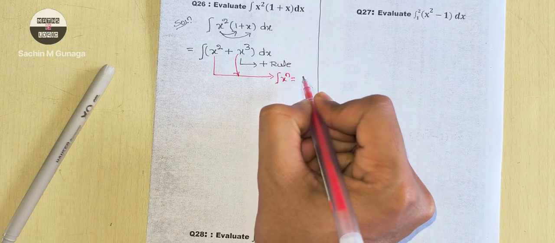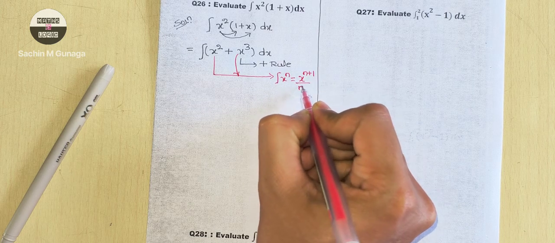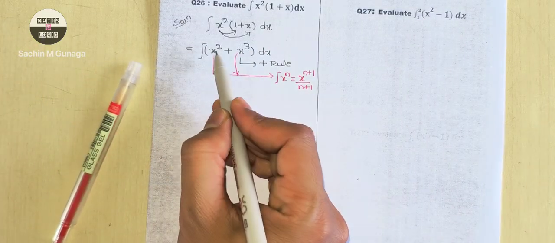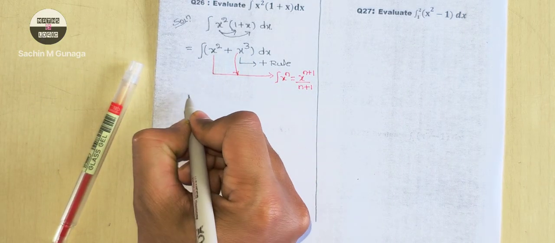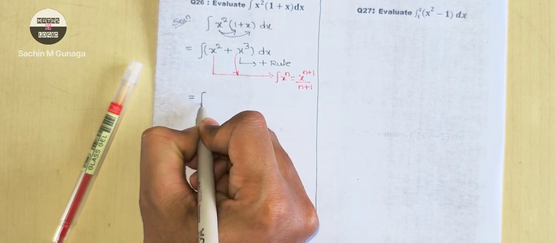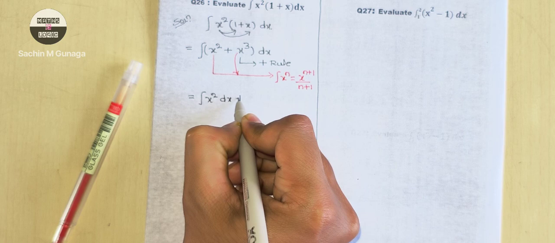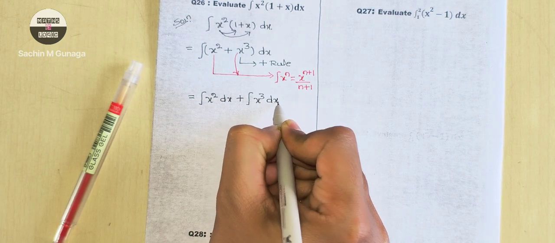So here we are going to apply the formula x power n plus 1 divided by n plus 1. But remember here n means 2 and here n means how much here, 3. Therefore here first integration of x square with respect to dx plus integration of x cube with respect to dx.